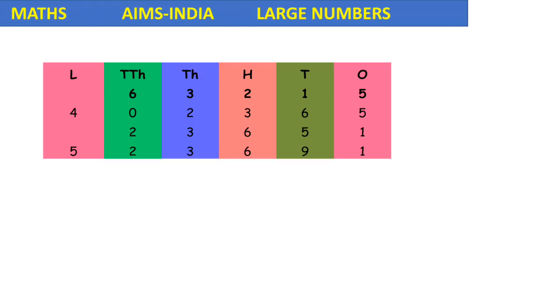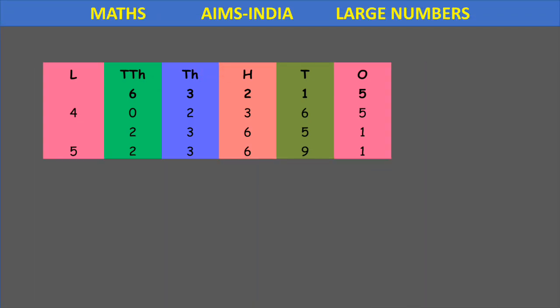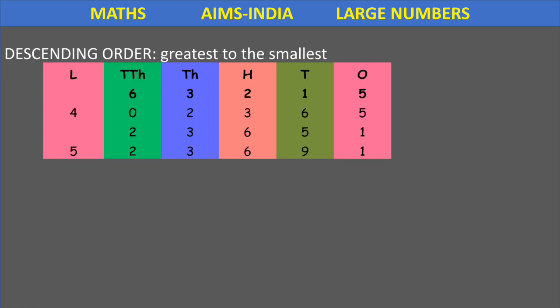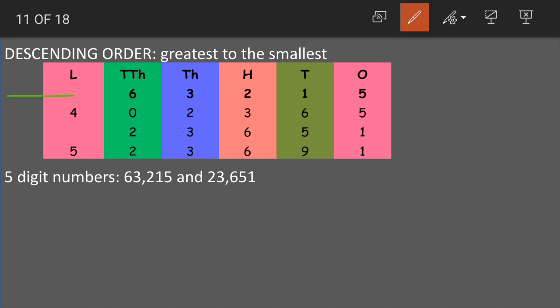Okay. Now the same numbers have to be arranged in descending order. Now what is descending order? I said D for descending, D for decreasing, or decreasing means from big to small, the greatest number to the smallest number. Again we have to group this into 5-digit and 6-digit numbers.